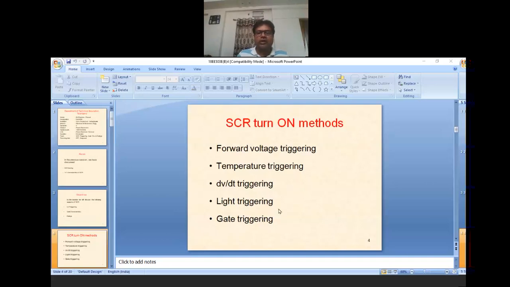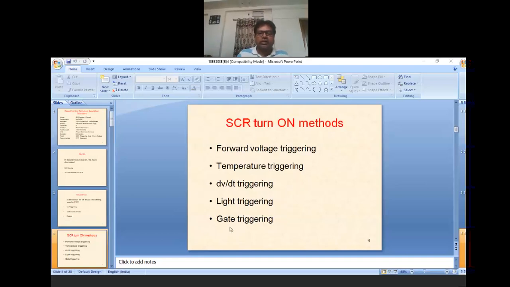When light rays fall on the SCR, then also it can conduct. This is the technology utilized in the light activated SCR, or LASCR. And this light triggering can also be used for forward voltage triggering and also gate triggering.